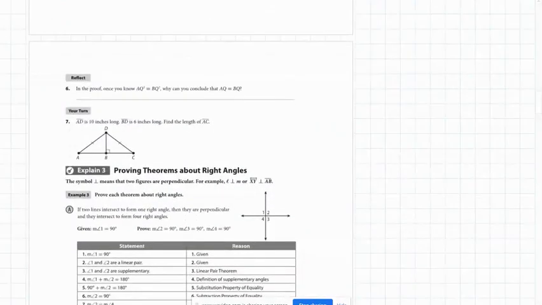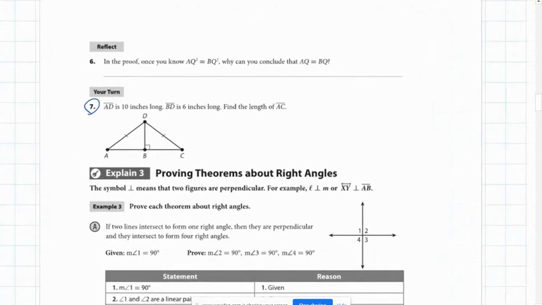Okay, so let's go ahead and go to problem 7. Pause your video and see if you can find the length of AC based on one of the two theorems that we just saw.